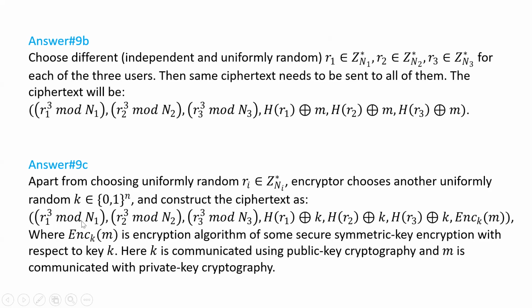Okay, so each of them will basically recover Ri first, then they will recover the value of K, and they will just run the corresponding decryption algorithm of the symmetric key cryptosystem with respect to key K and recover back the plaintext M. Okay.